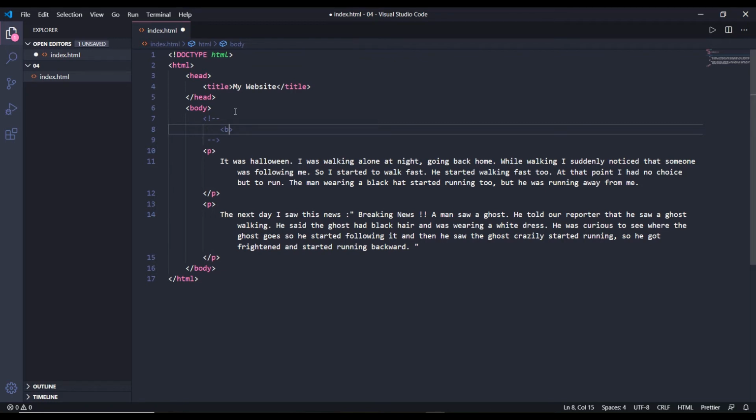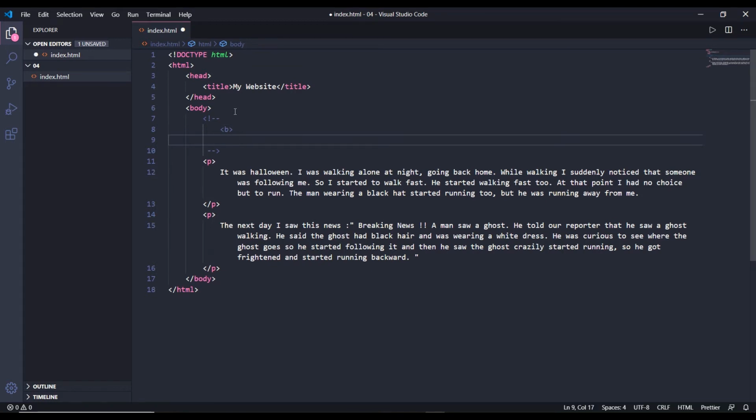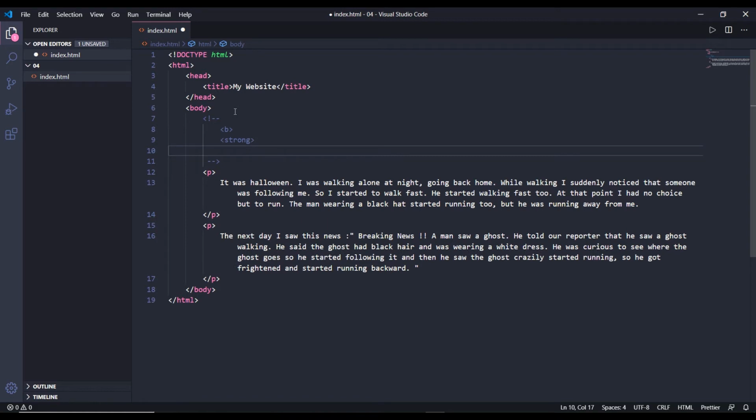The third tag is the emphasize tag. Emphasis tags are used to change the meaning of a sentence. As in, if I say, I had to do this work, the word had is emphasized.